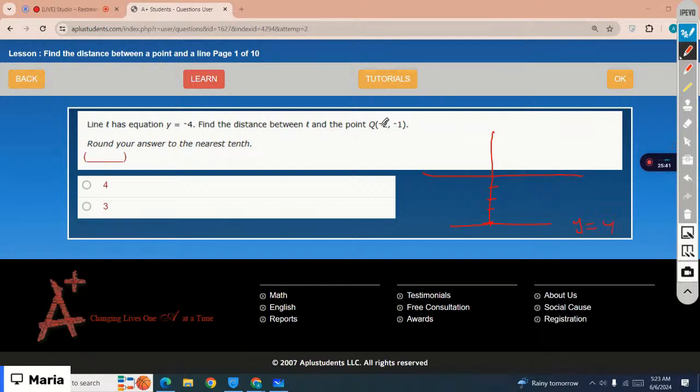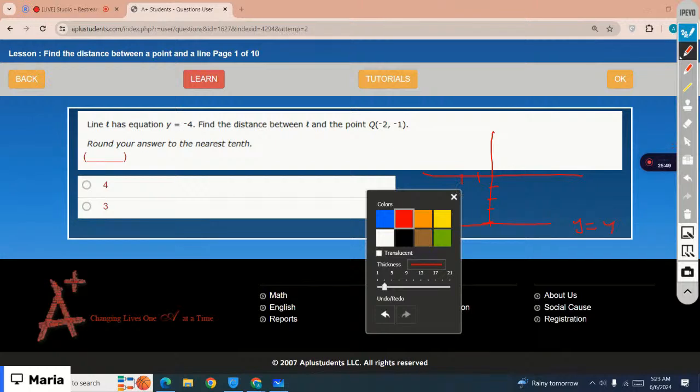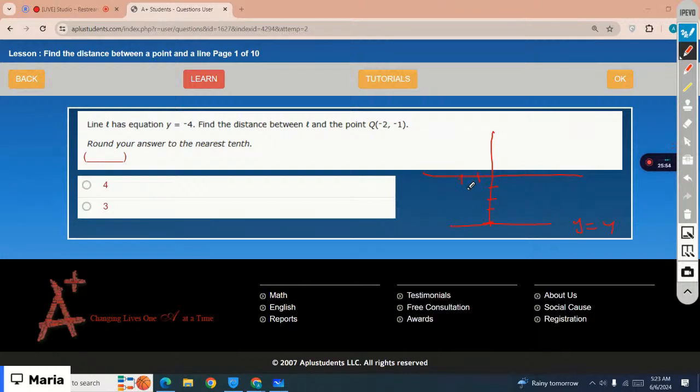Now you have to plot the point (-2, -1). X is -2 and y is -1. So the distance is 1, 2, 3 points, right?